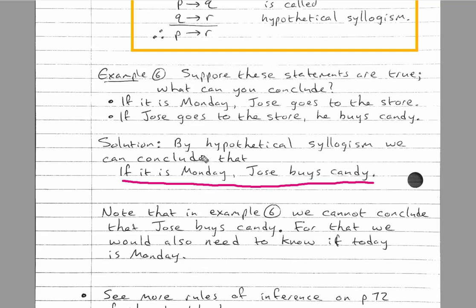All we can logically conclude from these two is that if it's Monday, then Jose buys candy. We don't know if R is true. That depends on if P is true.